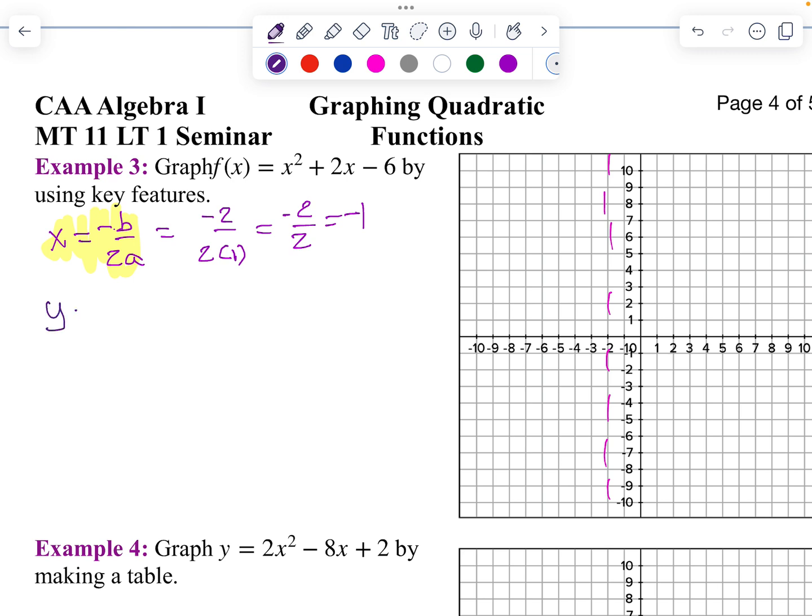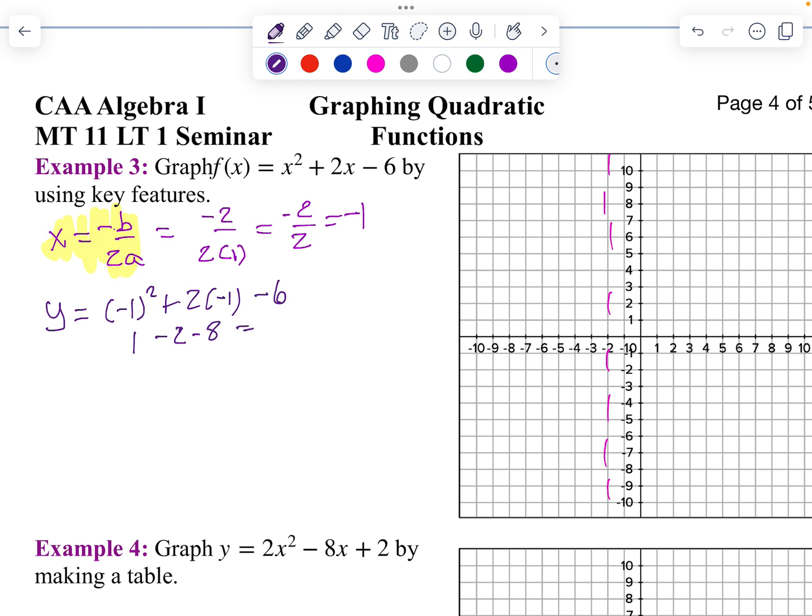Now let's find the y value. I'm going to replace x with negative 1. So I get negative 1 squared plus 2 times negative 1, and then minus 6. Well, that's 1 minus 2 minus 6, isn't it?